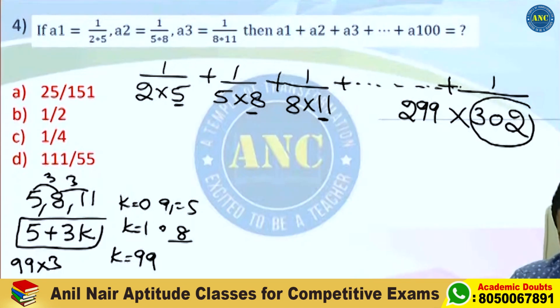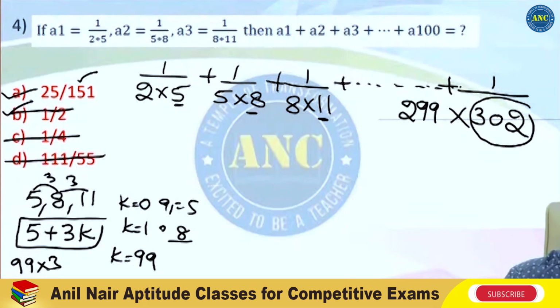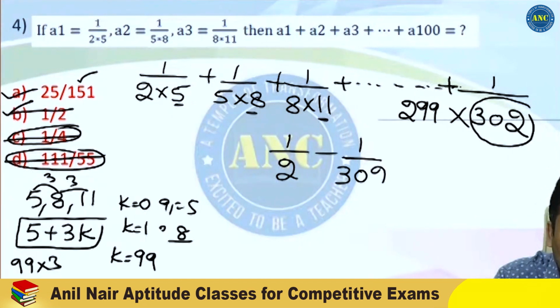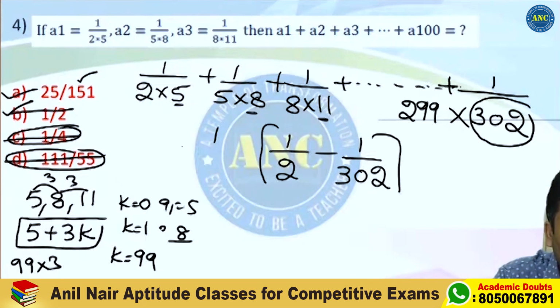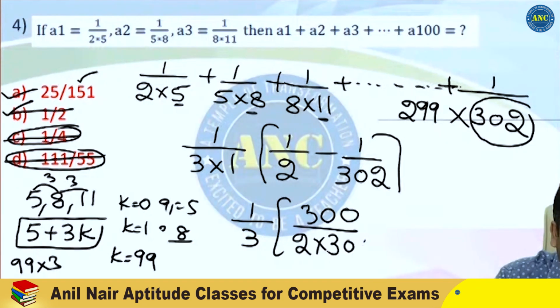The answer will be either the number or its factors. 151 is a factor. 2 is also a factor. 4 is not a factor. 55 is not a factor. So these two are eliminated. This is nothing but 1 by 2 minus 1 by 302, 1 by 3 into 1, 1 by 3 into 300 by 2 into 302.